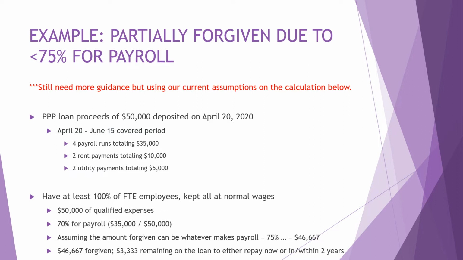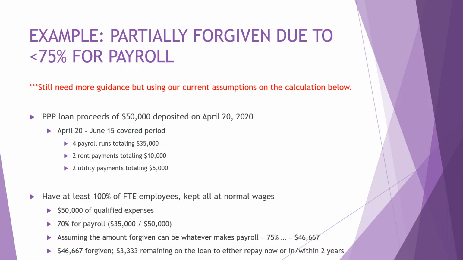Now we're looking at, again, $50,000 of qualified expenses, the 35 plus 10 plus 5, but only 70% was used for payroll, the $35,000 divided by the $50,000 we actually spent. So we're going to assume that the amount forgiven can be whatever makes that payroll figure 75%. So if we calculate that, we can see that $35,000 divided by $46,667 would make payroll 75%.